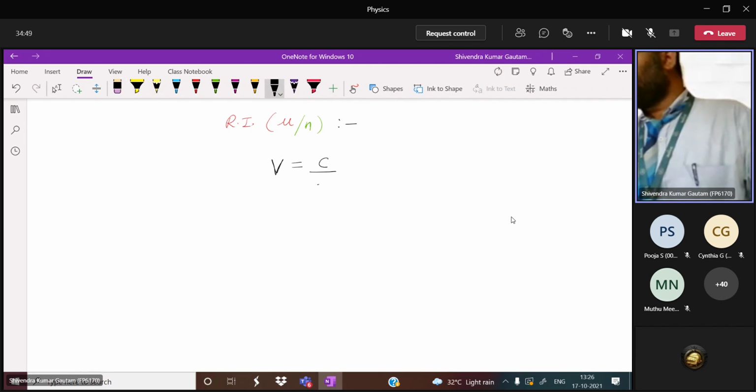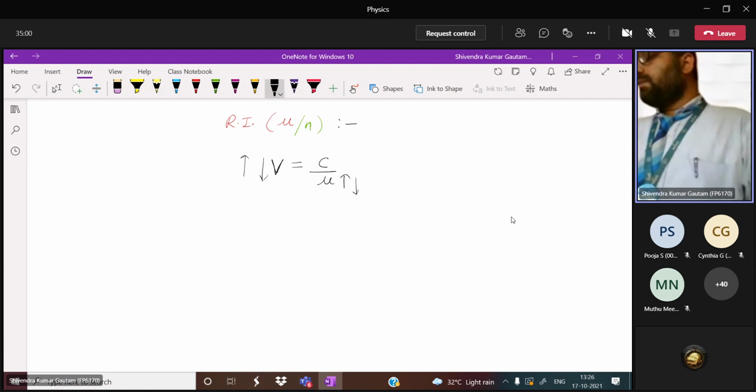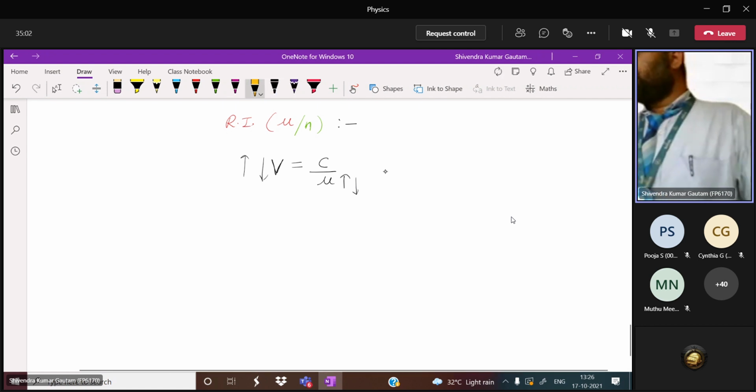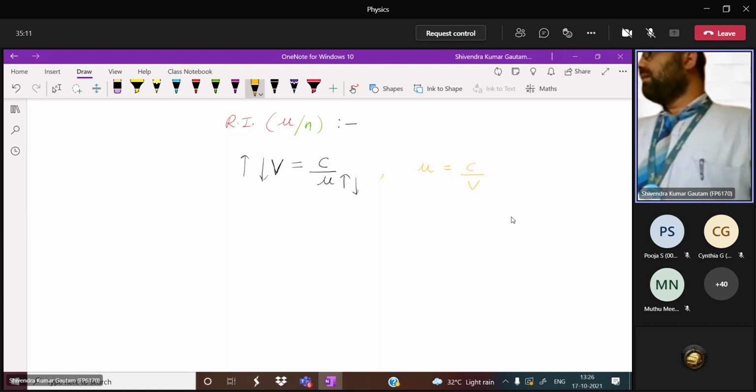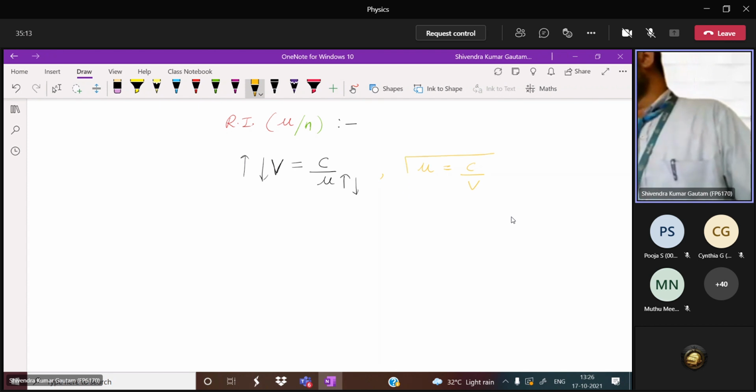More refractive index means less speed. And less refractive index means more speed. So v is equal to c by mu, or mu is equal to c by v. Ratio of speed of light in vacuum to the speed of light in medium, that is nothing but refractive index.